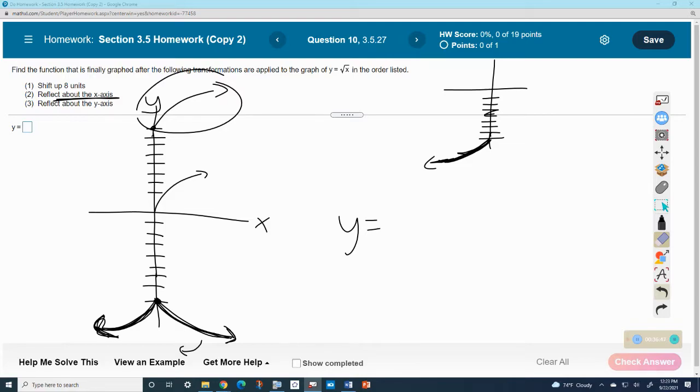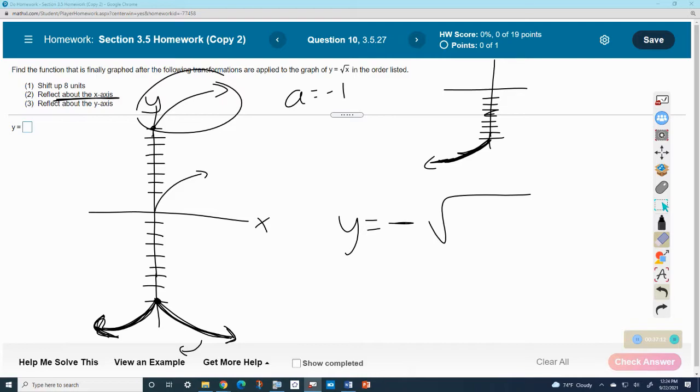So it needs to be a negative. A needs to be a negative. It's not stretched. It's not like it's going up or down faster. It's just flipped. So A is basically just a -1. So it's just a negative in front of it.